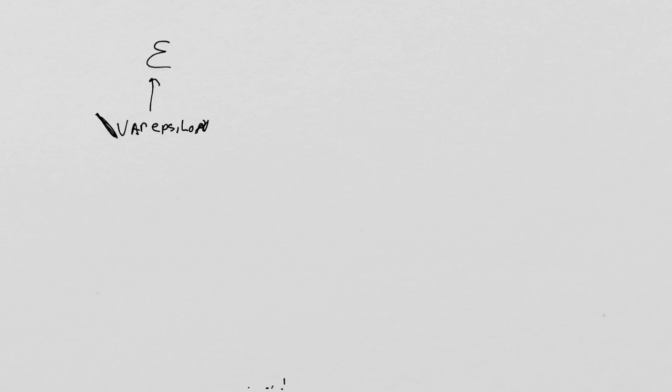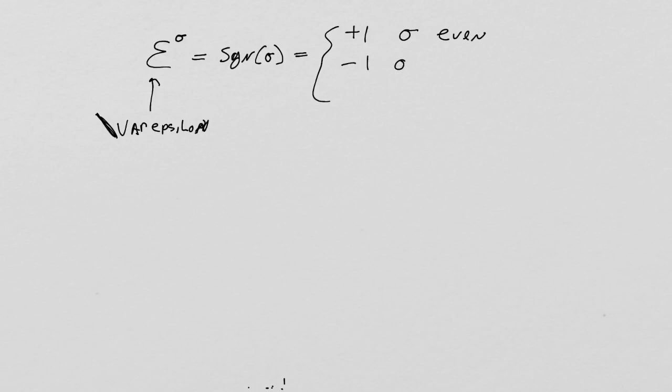So varepsilon is the Levi-Civita symbol, and it's defined as the Levi-Civita symbol of a permutation basically equals the sign of the permutation. So it equals +1 if the permutation is even, -1 if the permutation is odd, and 0 if sigma is not a permutation.